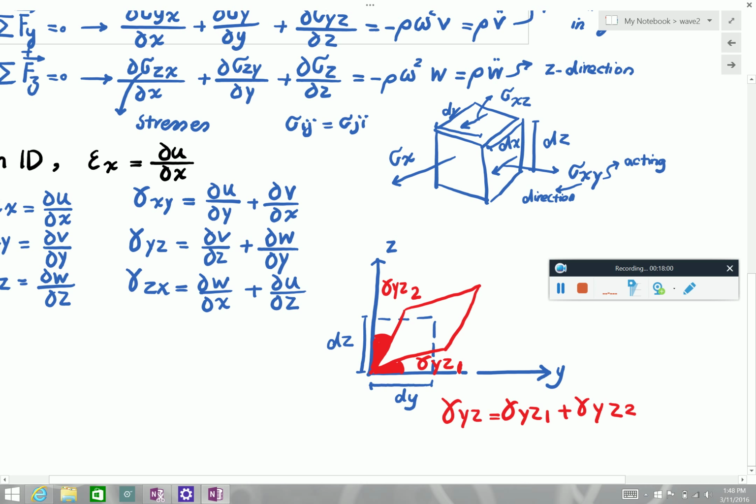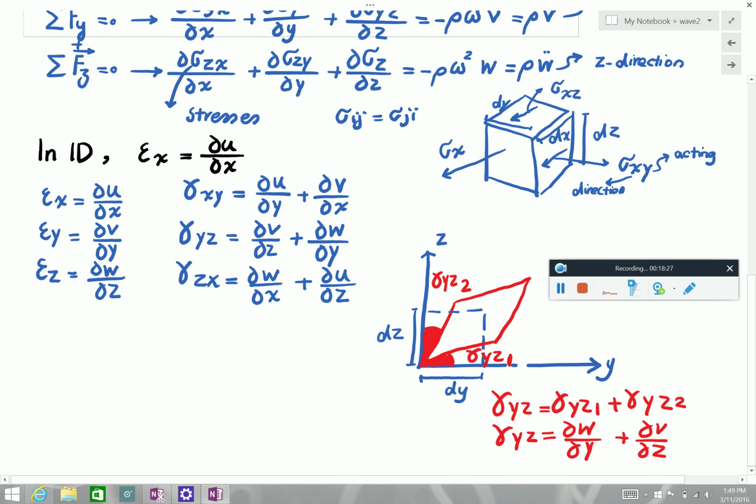We can see that gamma yz1 is the derivative of w with respect to y, and the other one is the derivative of v with respect to z. So that's where these expressions are coming from.